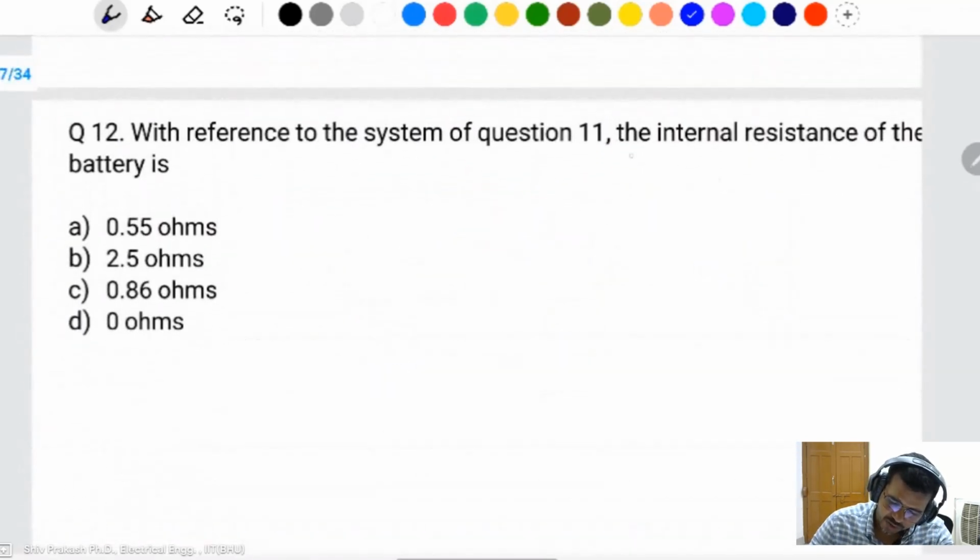Same question, the internal resistance of the battery. I have calculated Vt. I have taken the Vt operating point as 30.5 and the current rating I'll take 2.7.